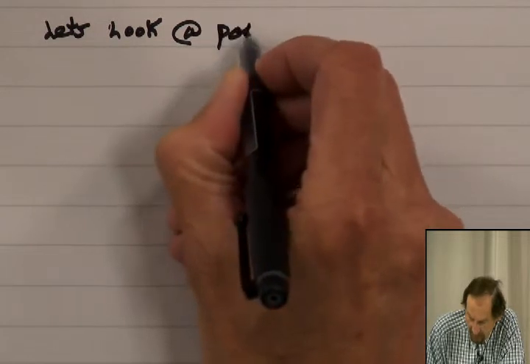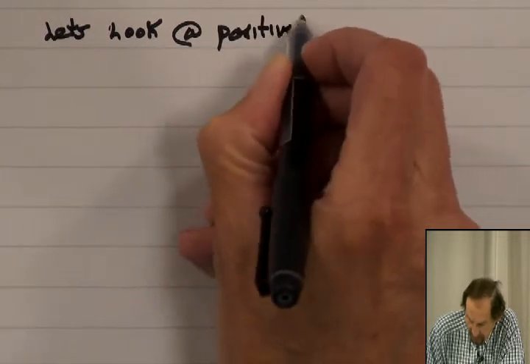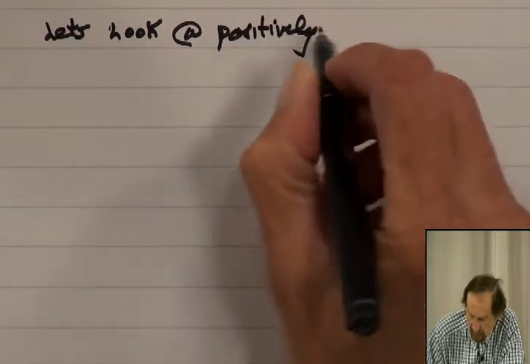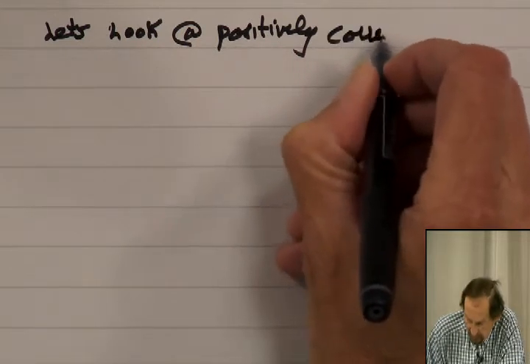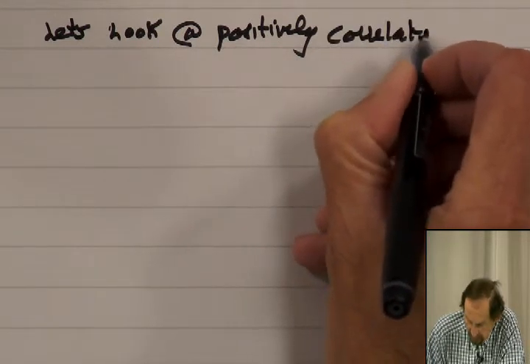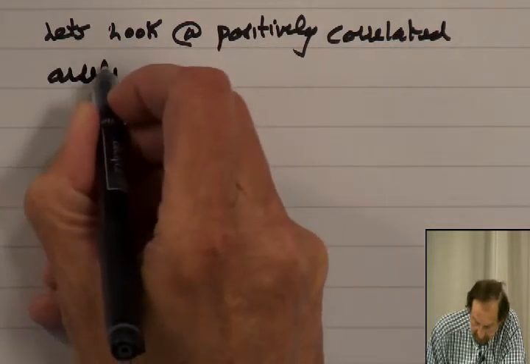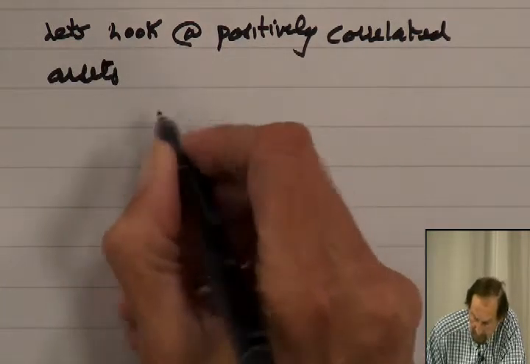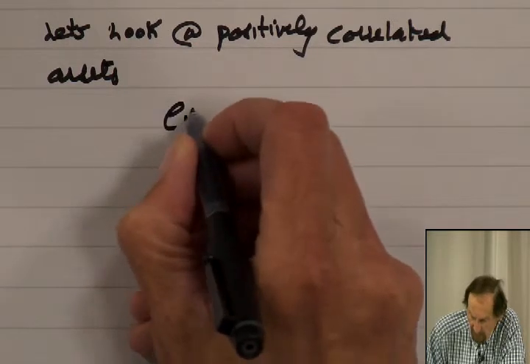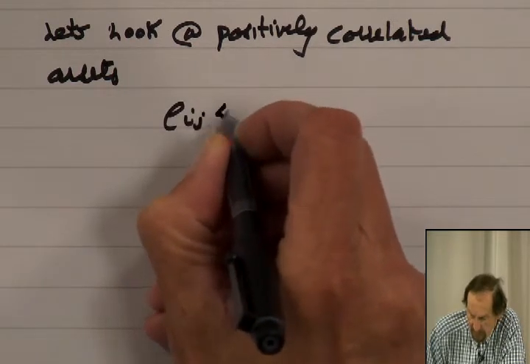positively correlated assets. And here we're going to have rho ij strictly less than 1.